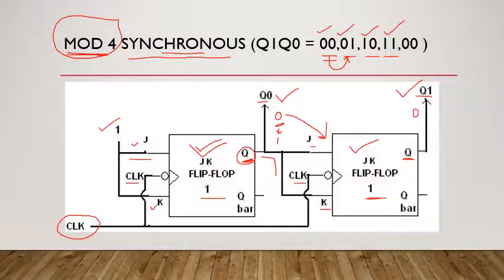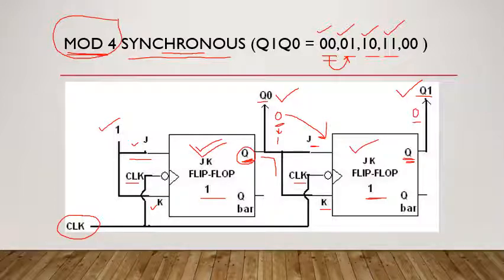And we know when J and K are 0, as per the truth table, there is no change in the output when a clock signal is obtained. So Q1 was 0 and it will remain 0 even after the clock pulse is received, because when the clock pulse is received, the J and K value was 0.